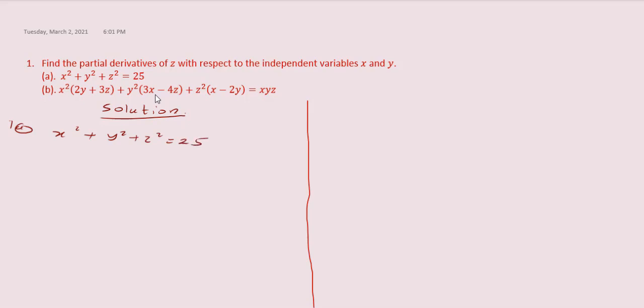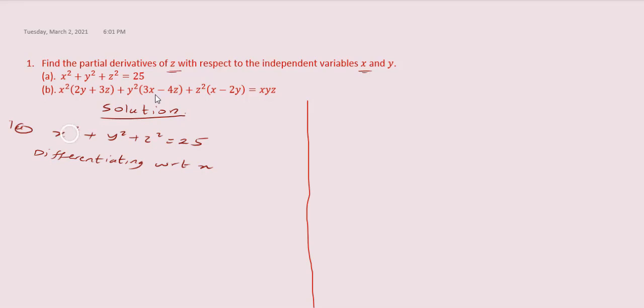So I will differentiate with respect to x. This is what I am going to have when I differentiate with respect to x. So what happens is that you will keep y constant. Anything different from z and different from x will be kept as constant.